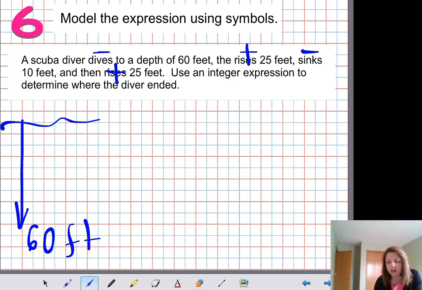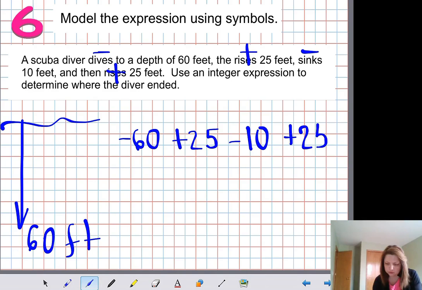So once you have those positive and negative symbols in front of the numbers, I want you to start writing your expression. And we will start with negative 60 plus 25 minus 10 plus 25.